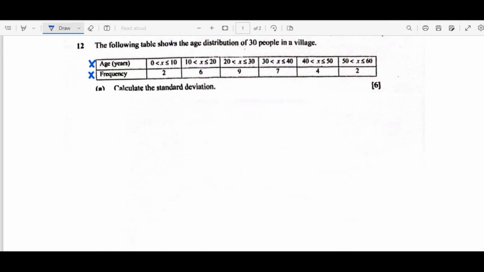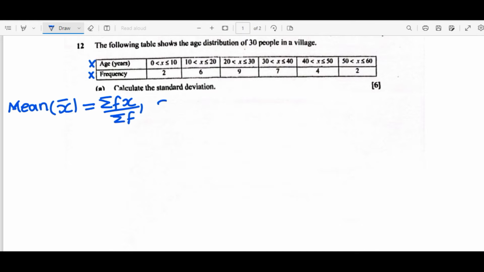The first one, we need to find what we call the mean. The mean is denoted by x with a bar on top. And the formula is summation of f of x divided by summation of f. Summation simply means that we need to find the total of frequency multiplied by midpoint.